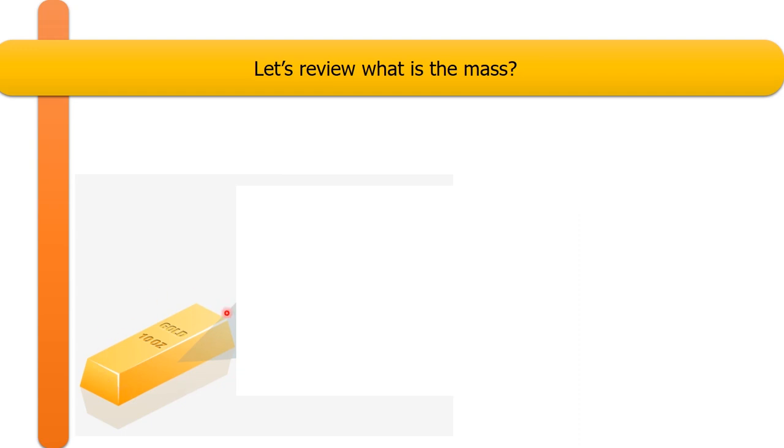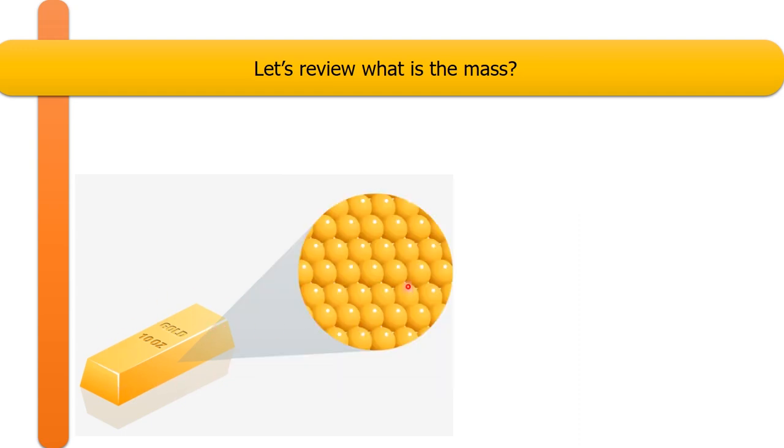All matter in life consists of small balls. Okay, all matter in life consists of small balls like these, which are called atoms. So the atoms are something like small balls that compose the matter.